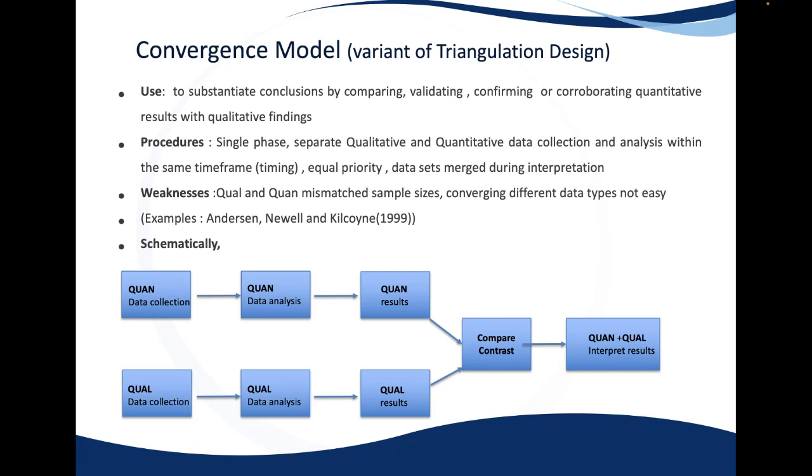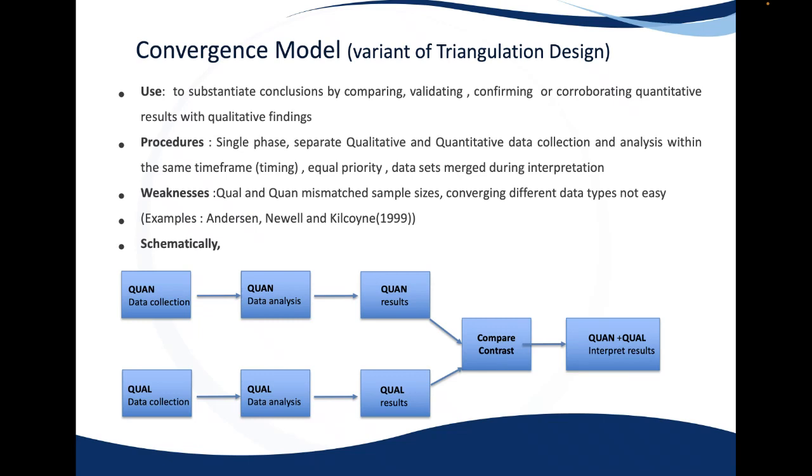Now, the convergence model basically is a model in which you are triangulating, but you are allowing data collection to happen separately in its quantitative or qualitative format. You are allowing analysis to happen individually. You are allowing the results to happen individually, but you converge those outputs when it comes to how you interpret the two things.